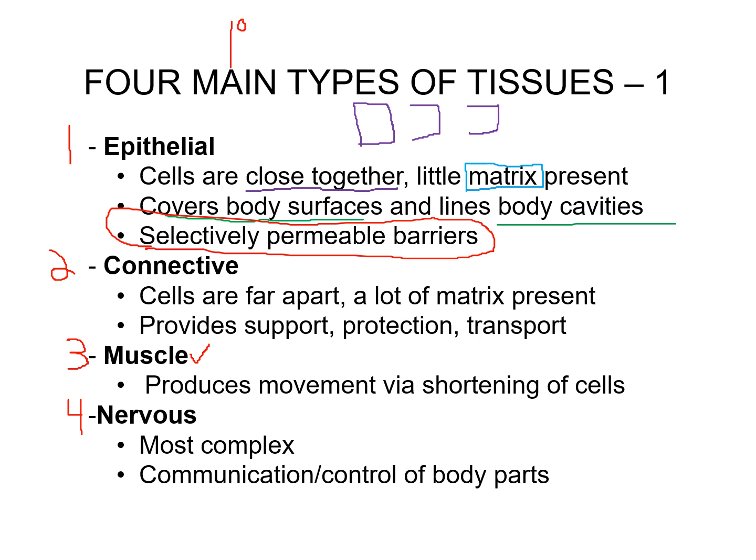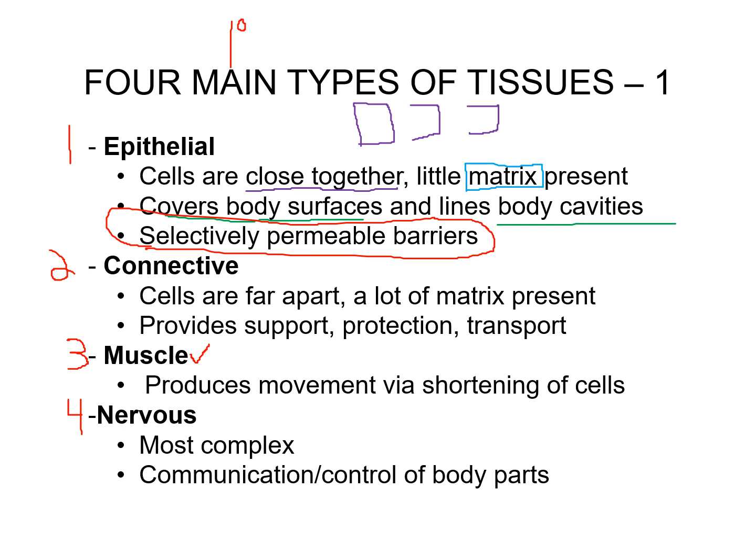But we can selectively choose what does get out, such as certain vitamins. We'll allow vitamins to get in and out of those tiny little spaces. We'll also allow water to get in and out with those aquaporins that we talked about. But the actual mass, the fecal matter, the toxins, the waste, no way. We got to keep that stuff locked in and get it out of our body.